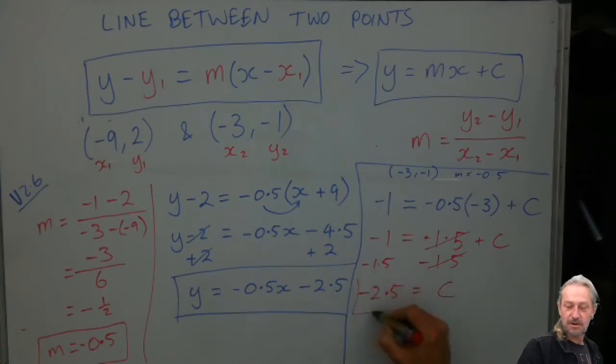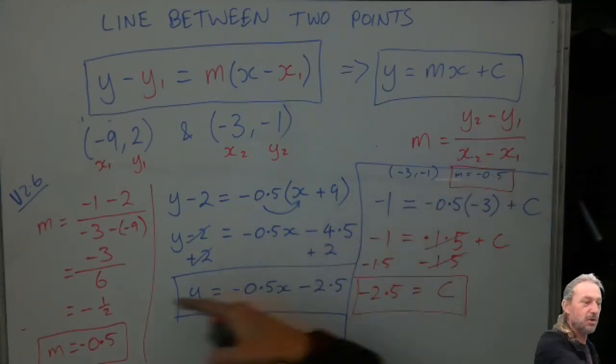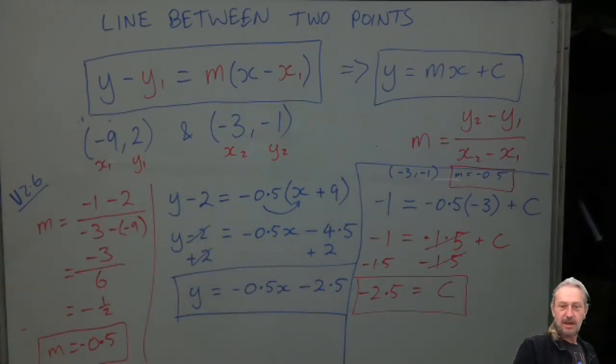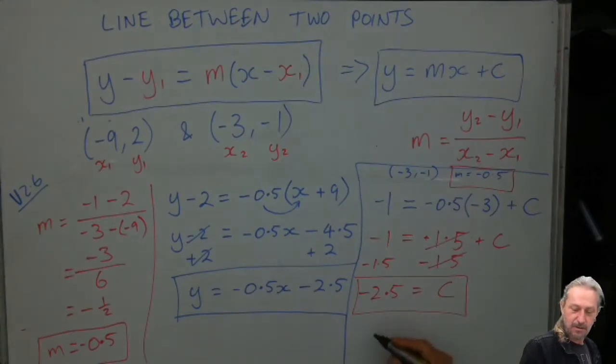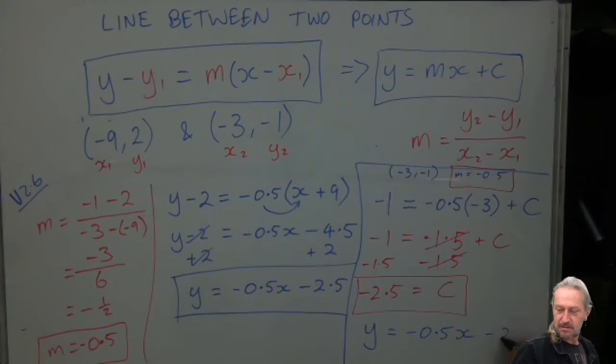So once we've got c and m, you still have to go through this step here. We can then just go, oh well, our equation must be y equals -0.5x take away 2.5.